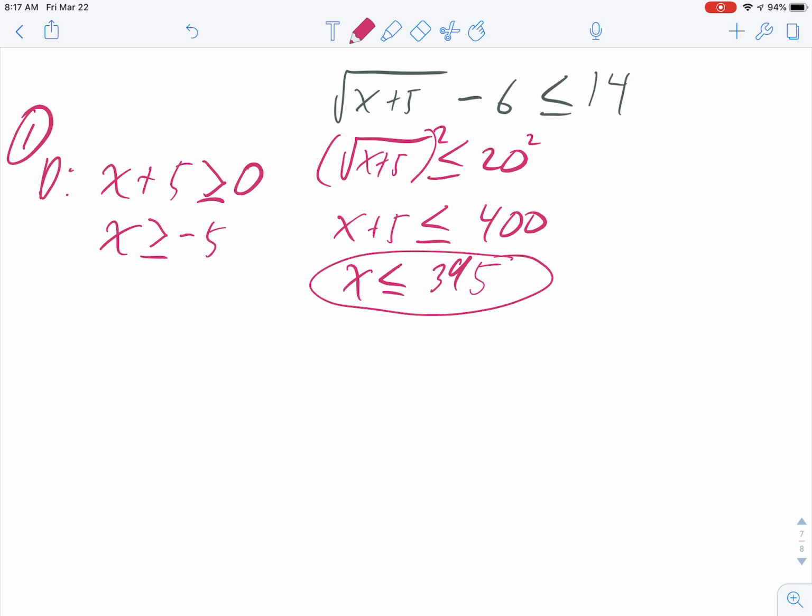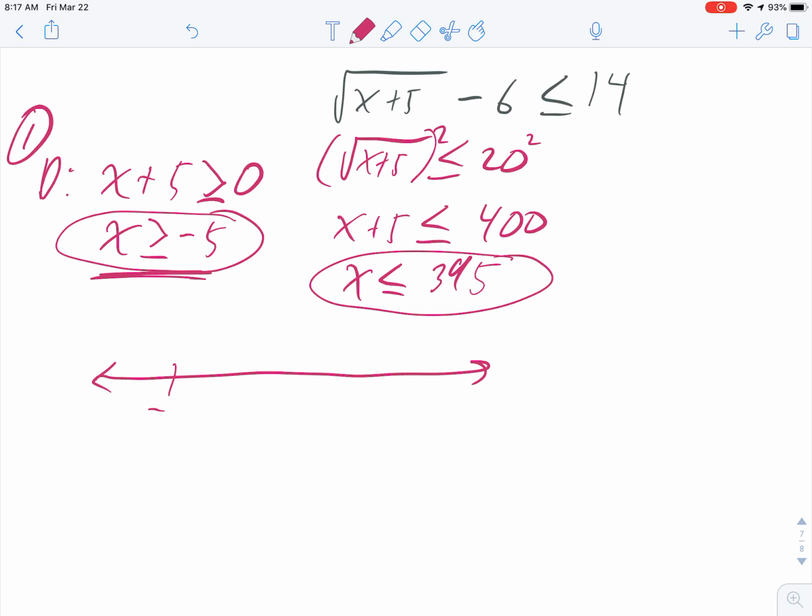However, like I said before, we also have to watch out for the domain. The only x values that actually work are ones that make the inequality true without giving us an imaginary number. What we recommend, and will often ask you to do, is to sketch it on a number line. You may remember when solving compound inequalities, we would look for the overlap.